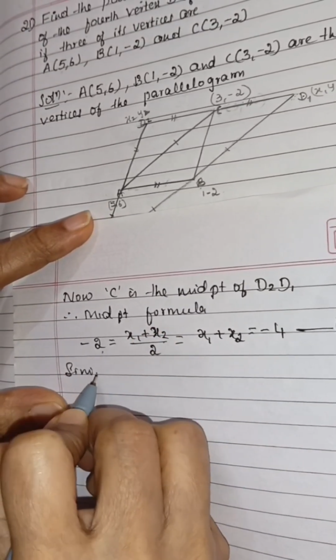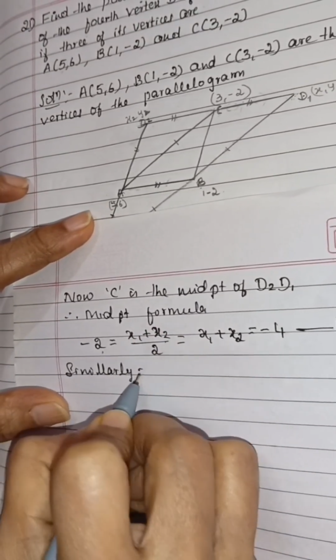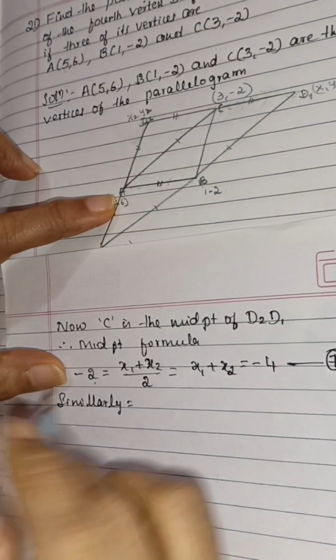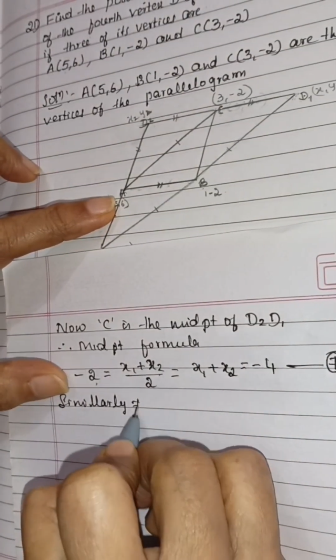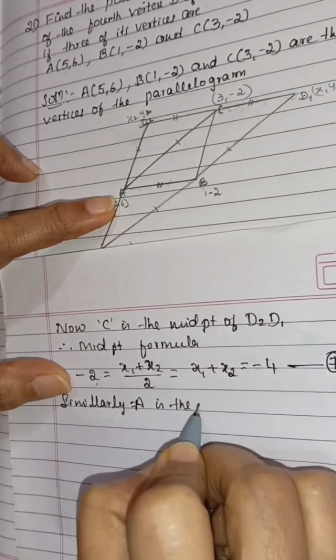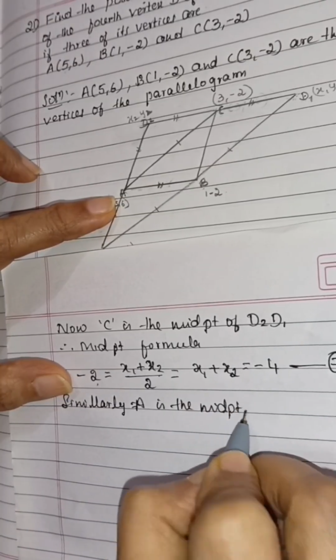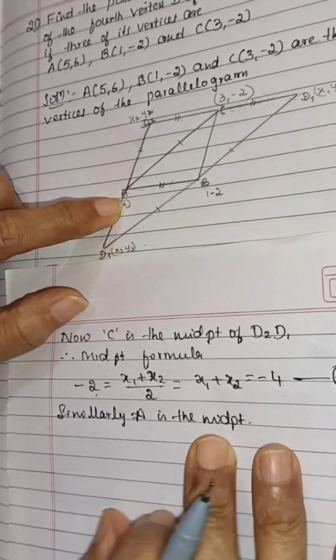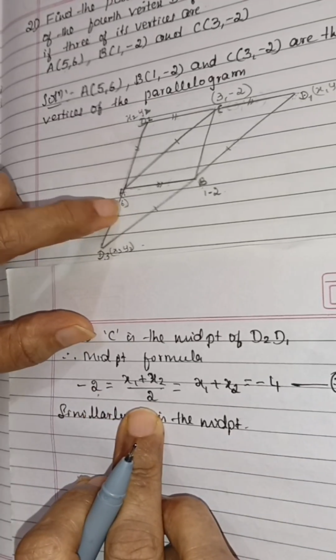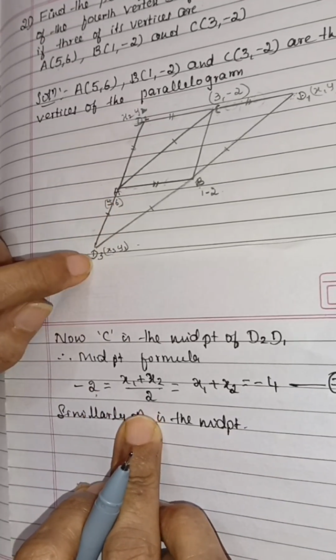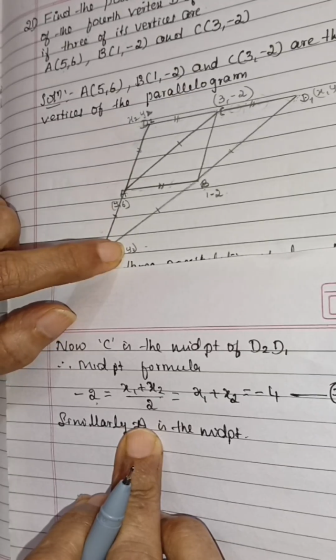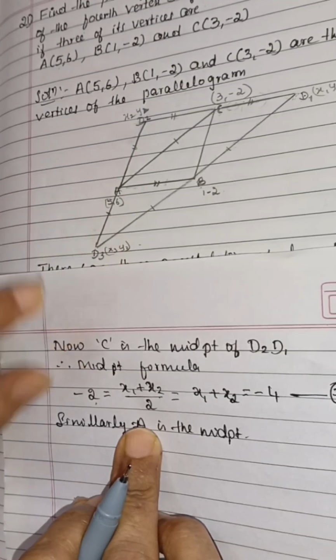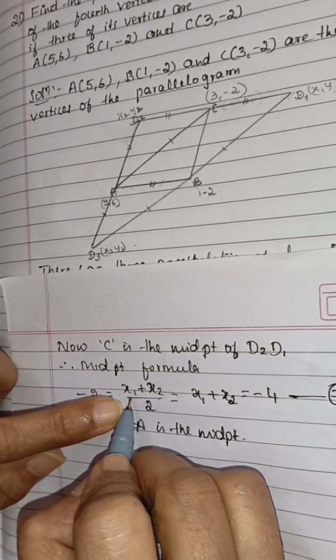Similarly, A is the midpoint. Directly you can write, the y coordinate is 6. Multiply by 2, 6 twos are 12. Here you have to write not x1, x2, you have to write y1, y2.